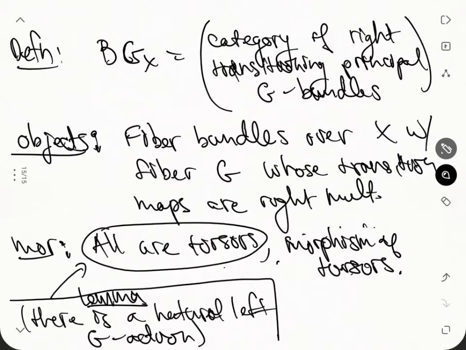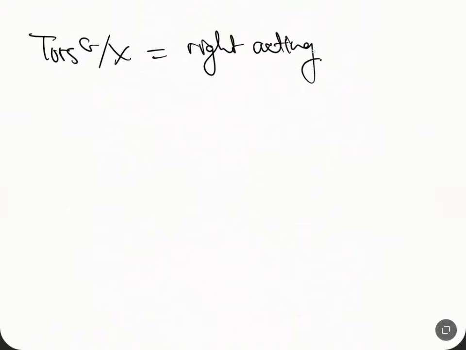Okay, so there's some sneaky business that we need to get into. That's pretty much everything that I wanted to say, but sometimes you need to worry about the difference between left multiplication and right multiplication. So we can define these categories over X, where G is right acting. And you could have the same thing.